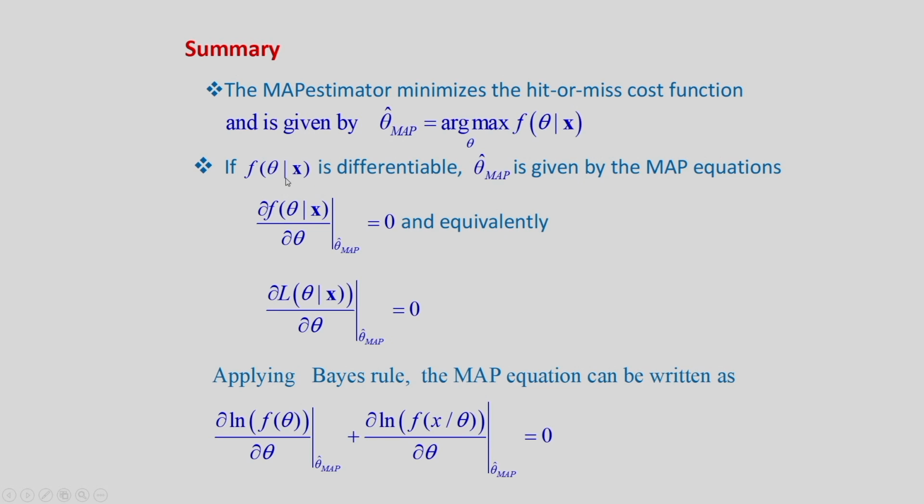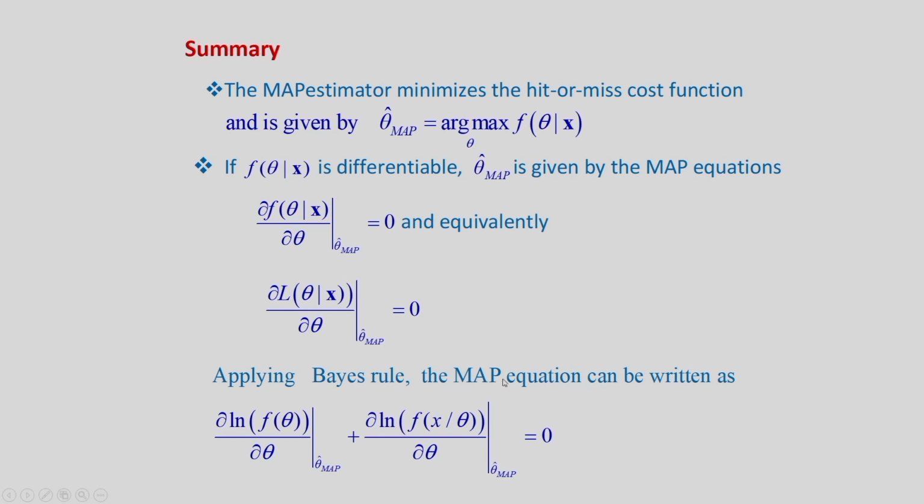If f of theta given x is differentiable, then theta hat MAP is given by the MAP equations, either in terms of the PDF, del del theta of f of theta given x at theta hat MAP equal to 0, or in terms of the log likelihood function, del theta of L of theta given x at theta hat MAP equal to 0.